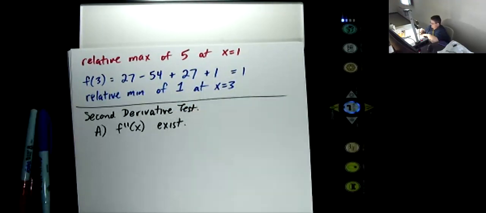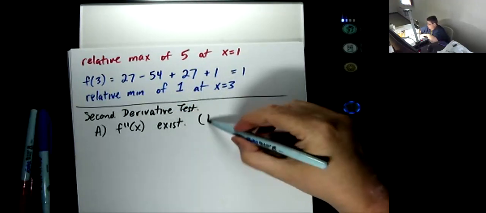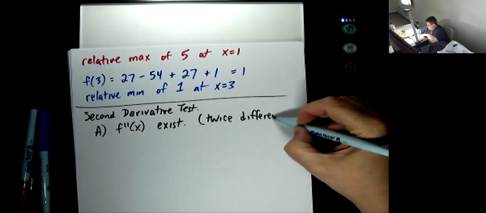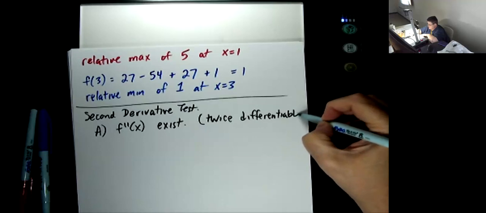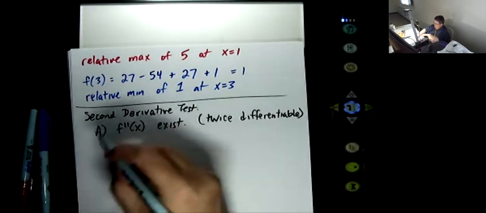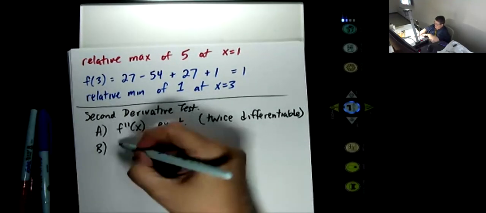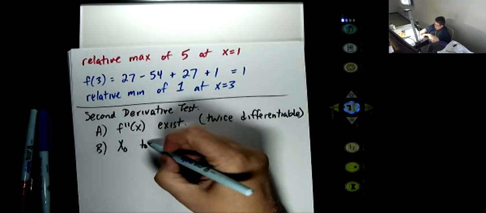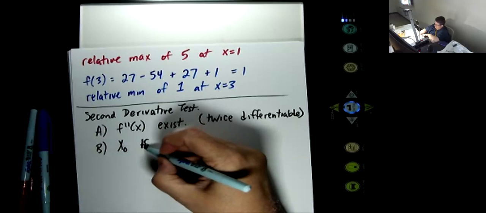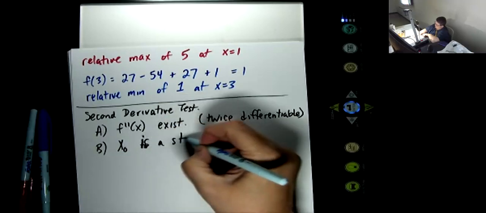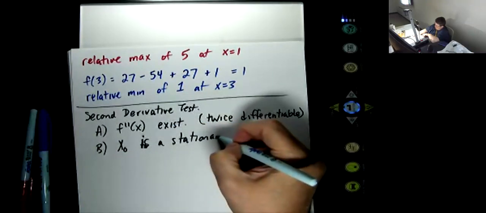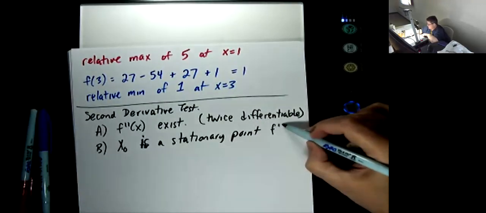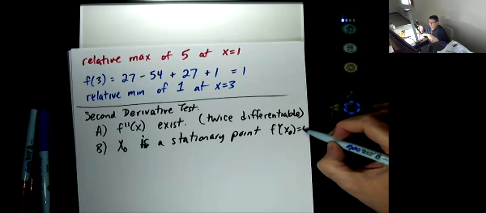It needs to be twice differentiable. And we need x naught to be a stationary point, which means f prime of x naught equals 0.